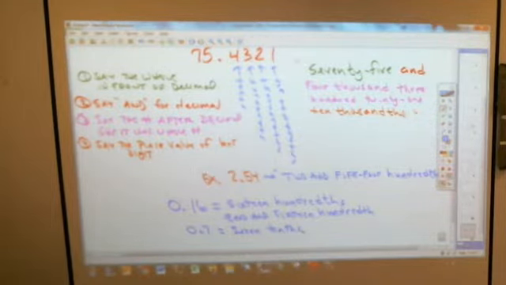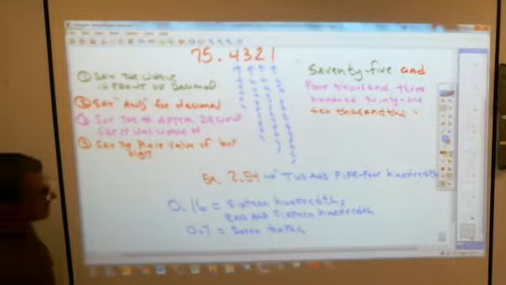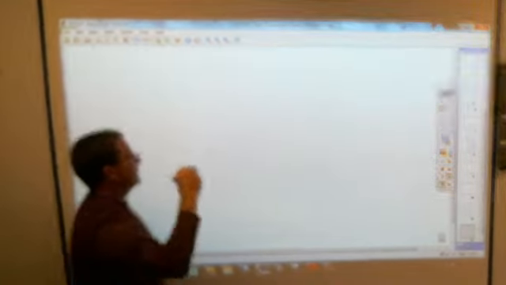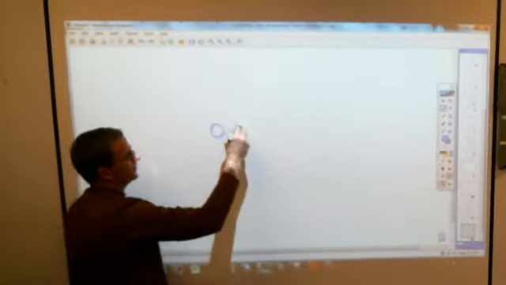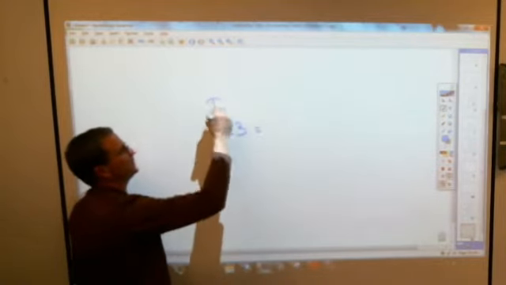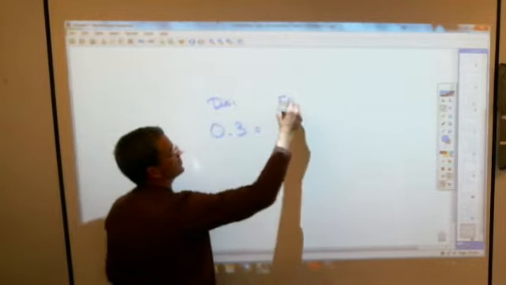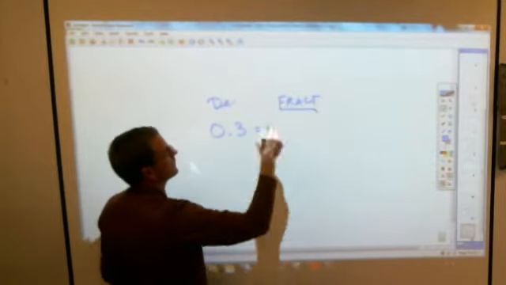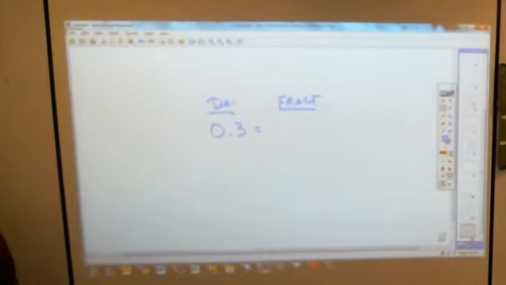Now, how then do we change decimals into fractions? Let's say I've got 0.3 and I want to change the decimal to a fraction. How do I write 0.3 as a fraction?